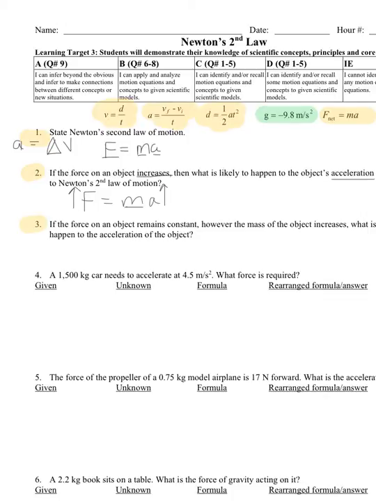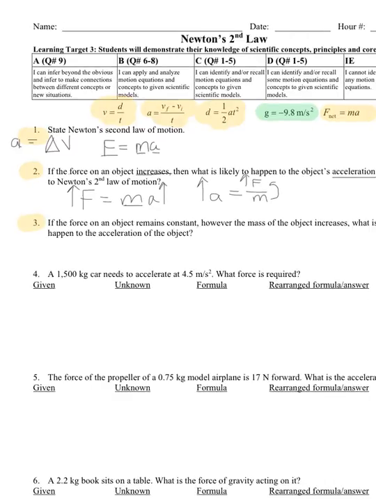Or, better yet, if we write it like this, A is equal to F over M, and this is just another mathematical way of writing it out. If our F increases and our M stays the same, that means our number in the numerator increases. That means our M can go into F more times, and that means our A will increase. Okay, so as force increases, so does acceleration.